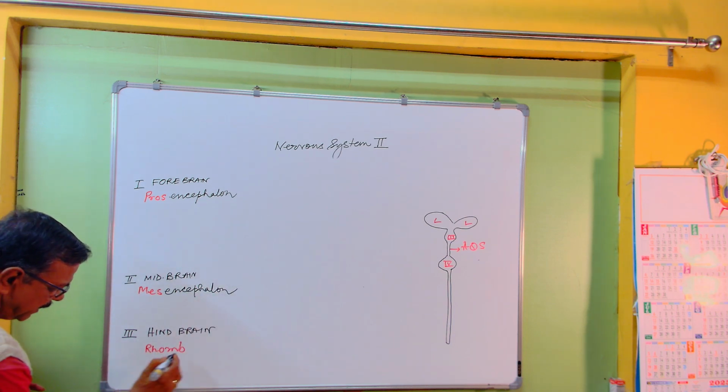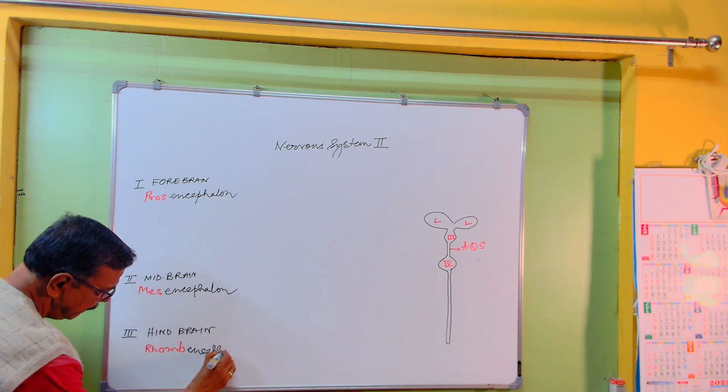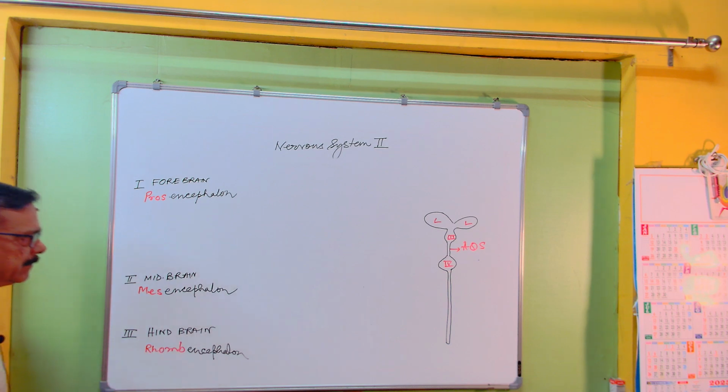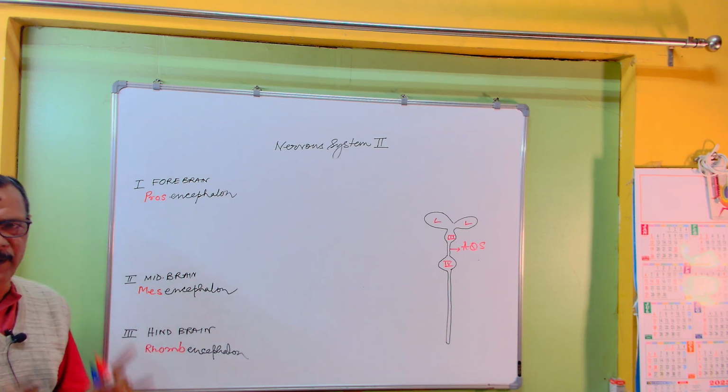And hindbrain is known as rhombencephalon. So these three we should remember: prosencephalon, mesencephalon, and rhombencephalon.